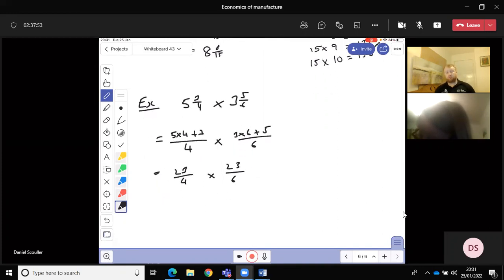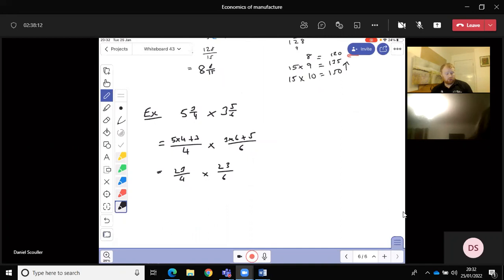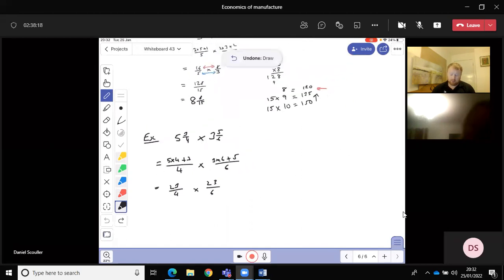Again, there's no easy way to simplify them down to give us better numbers. Nothing really goes into 23 and 4, nothing goes into 23 and 6, so we can't really tidy them up any. So we're just going to have to go straight for those multiplications. So how do we do 23 times 23?